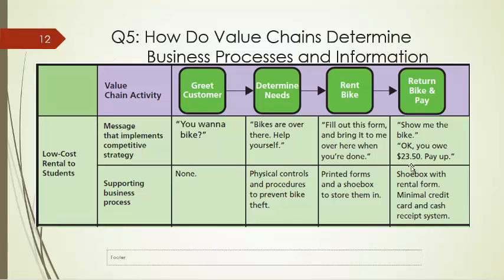And so, if you're low cost, you're not going to put a lot of effort and other activities into each one of these parts of the value chain. It would be based on the strategy that you're doing. When you look at the supporting part of that business, under your customer, there's probably nothing going to be there.